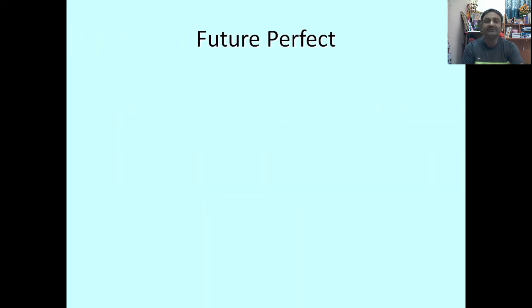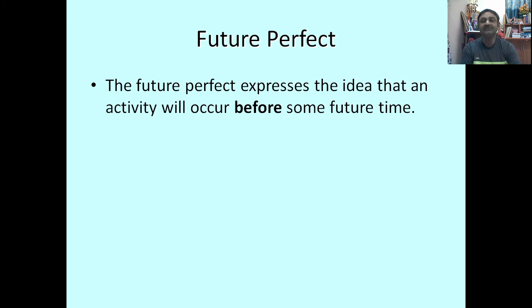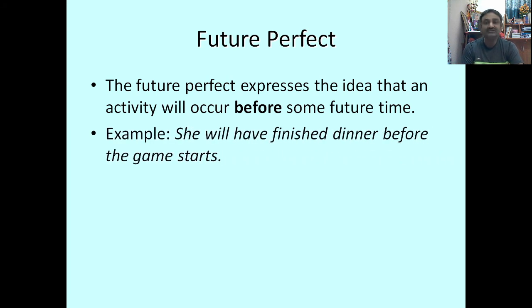Now future perfect. The future perfect expresses the idea that an activity will occur before some future time. Examples: she will have finished dinner before the game starts. The form will be will plus have plus past participle.